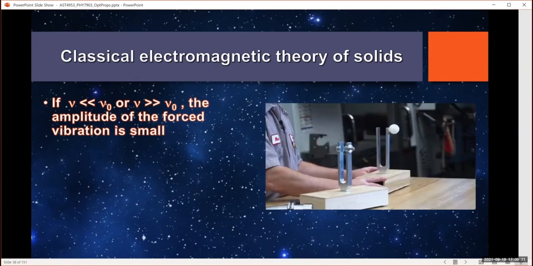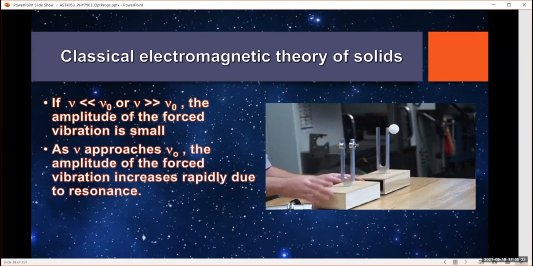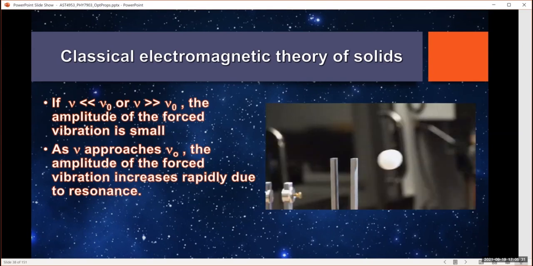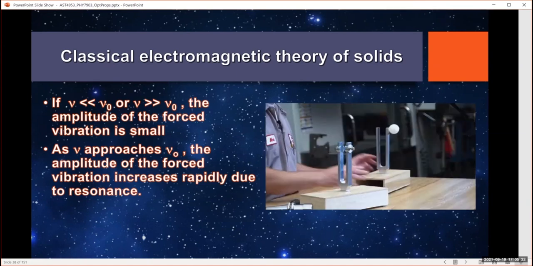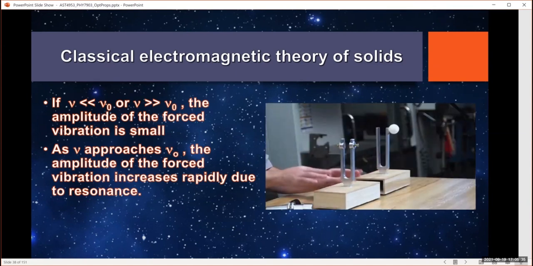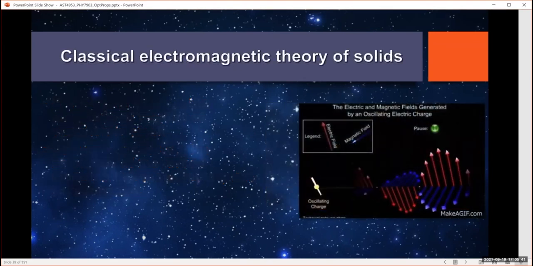But if it's close to the natural frequency, then we start to get a resonance. So now as the frequency of the light gets close to the natural frequency of the atom or molecule, you're going to get a huge amount of motion within that vibration of the atom or molecule.